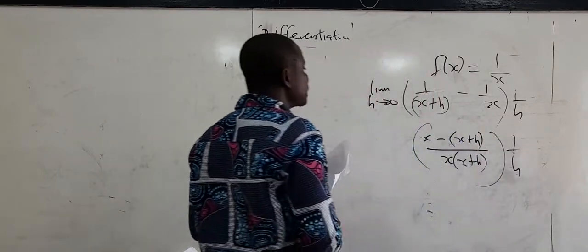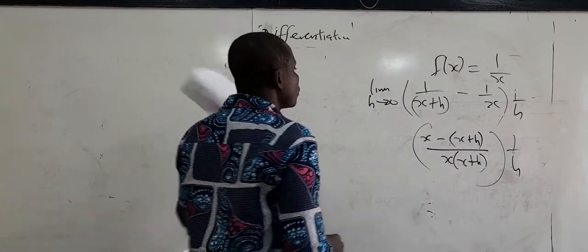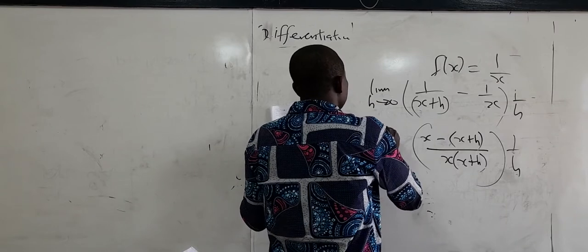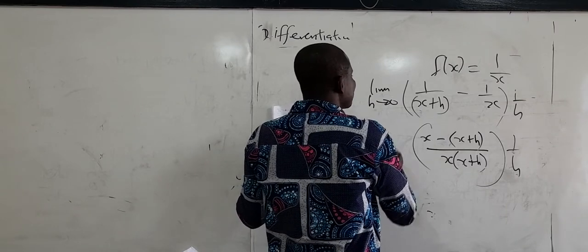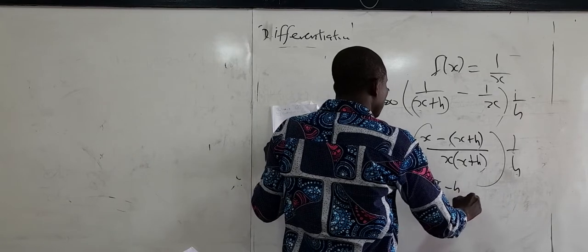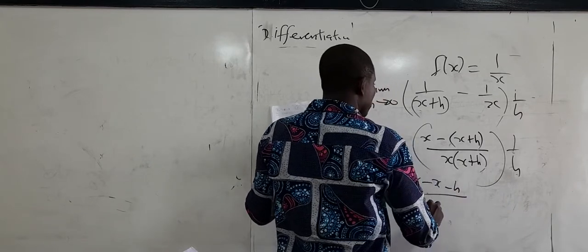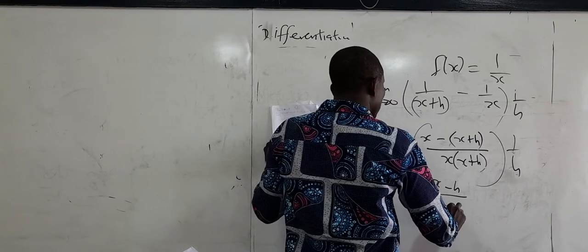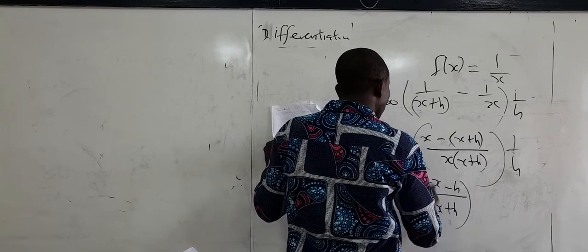I know it's a little bit challenging, but you have to try and follow. Still under the limit as h approaches 0, I have x minus x minus h, all over x(x plus h), times 1 over h.